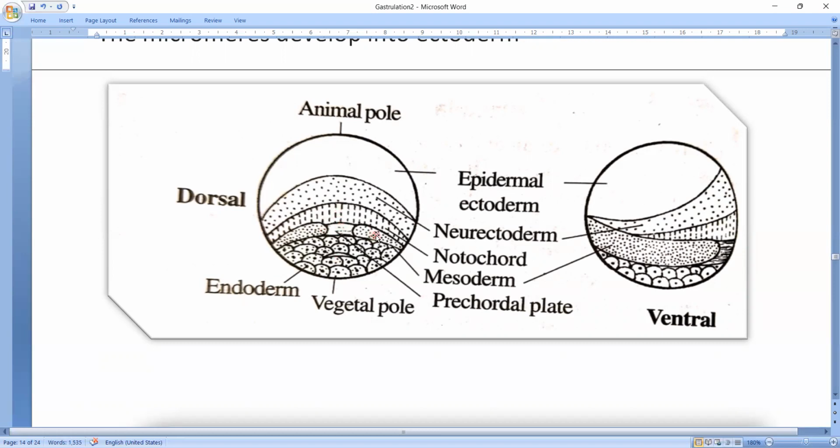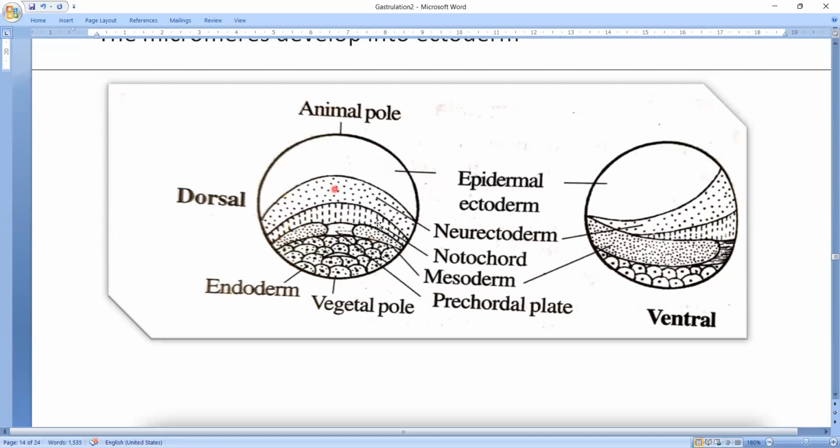To either side of the precaudal plate, between the notochord and endoderm, two bands of mesoderm are present.